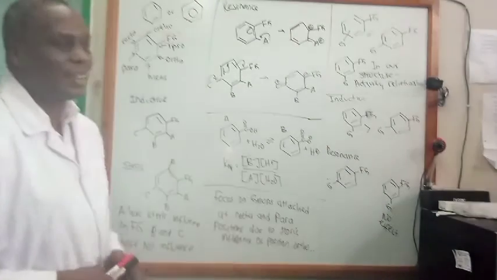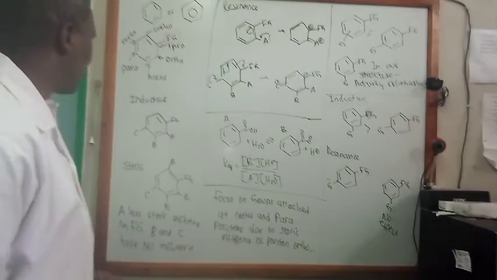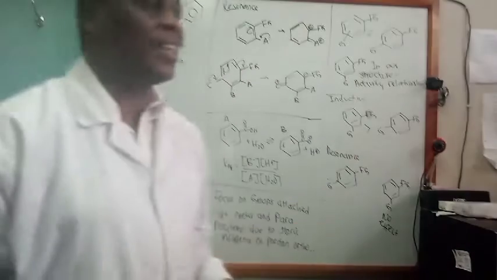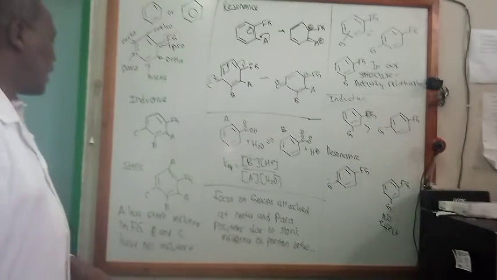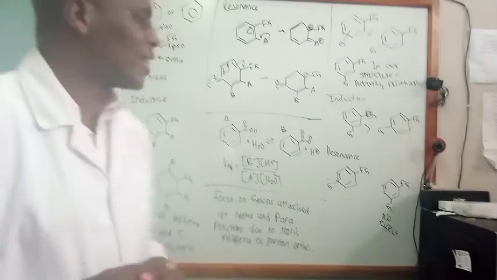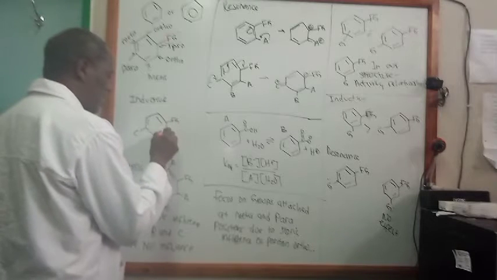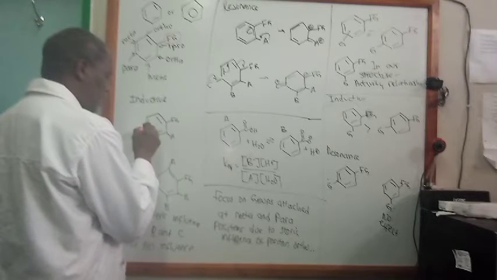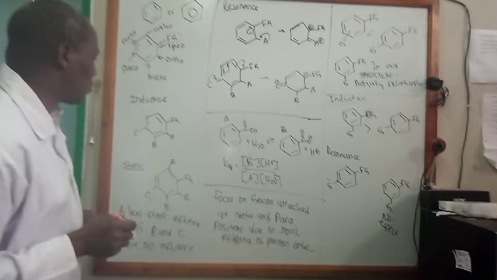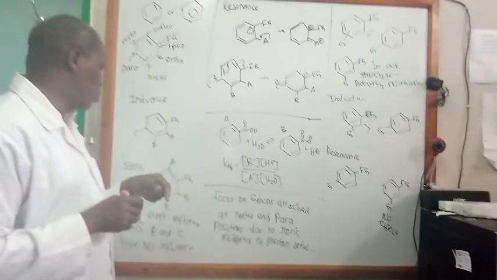Now, when you're dealing with inductive effects, you're looking at the donation or the withdrawal of electrons along this carbon chain here. So along the carbon chain, you're going to see atom A is going to be very close to the functional group.